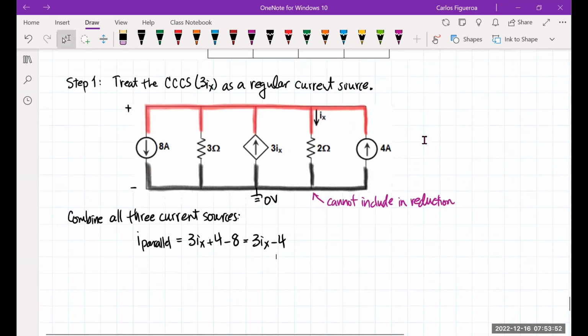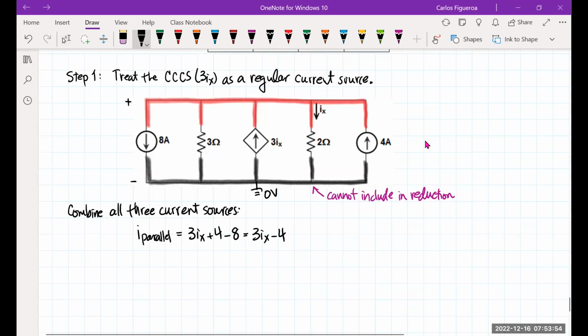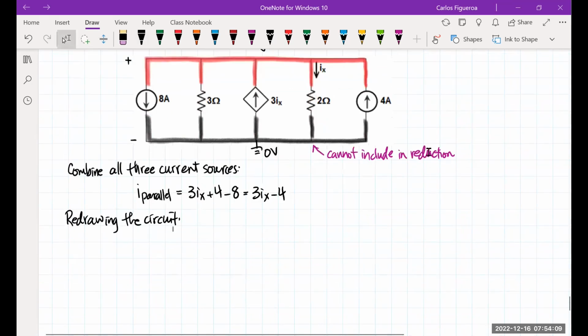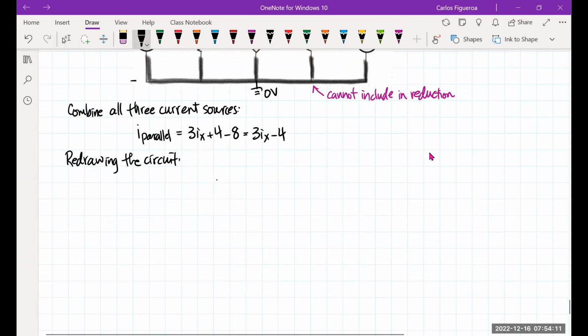If I redraw the circuit, I'm going to have 1 source plus 2 resistors. It now looks like this. I have a dependent current source that's 3ix minus 4.